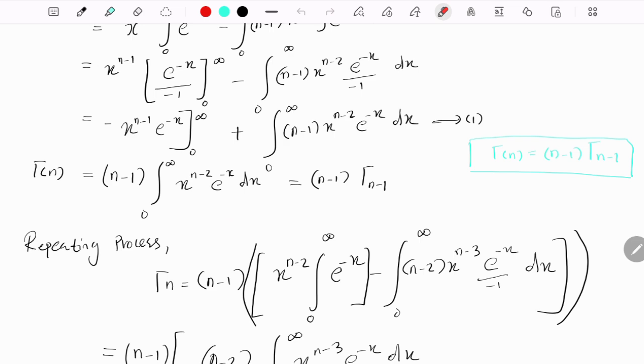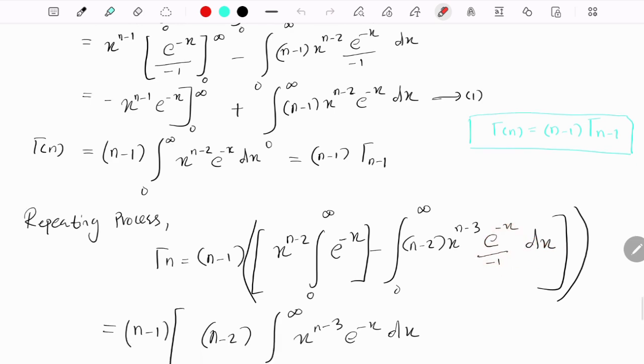Okay. So first into integral of second minus integral of differentiation of first, that is n minus 1 into x to the power n minus 2 minus 1, that is n minus 3. Okay. So into integral of second, that is e to the power minus x divided by minus 1 dx.